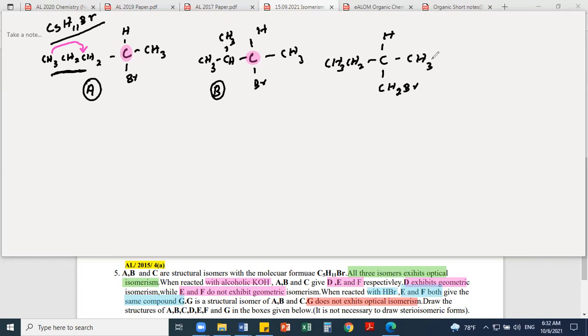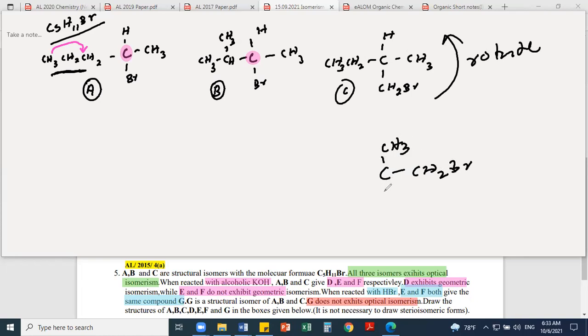If you want, you can put Br here, right? No problem. You can rotate this molecule in any direction. You can't just rotate this molecule and tell that it is a new structure. Be careful. Some students rotate and draw like this. They take the carbon here, they put CH2Br, and here they put CH3.